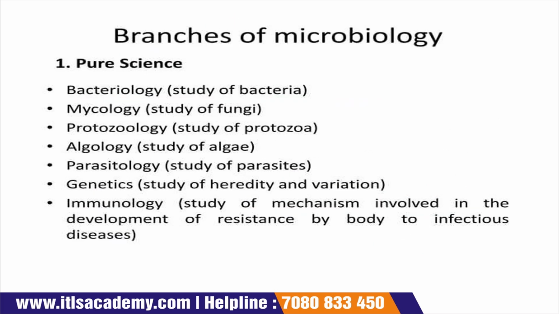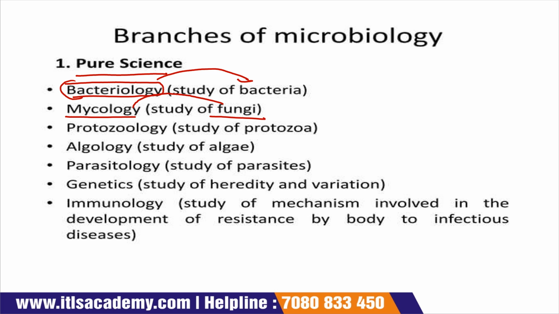Now the next topic is the branches of microbiology. The first branch is pure science, and in pure science, the first one is bacteriology. In bacteriology, we study bacteria. Then the next branch is mycology, in which we study fungi.